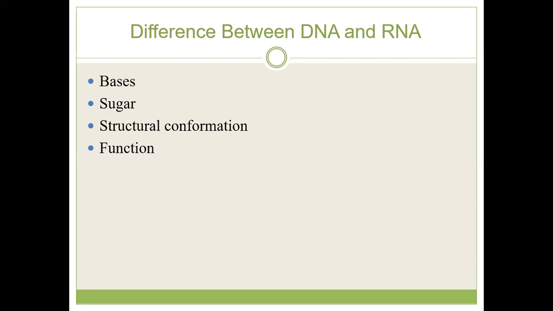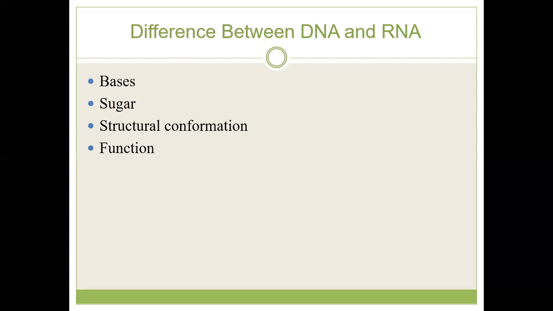Okay. Now, the differences we mentioned are in 5 ways, although here we listed 4 ways. Number 1, the bases. RNA and DNA differ in bases. RNA contains 4 bases, DNA contains 4 bases also, but RNA and DNA have 3 bases in common.